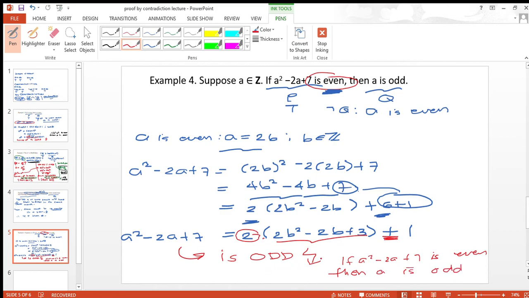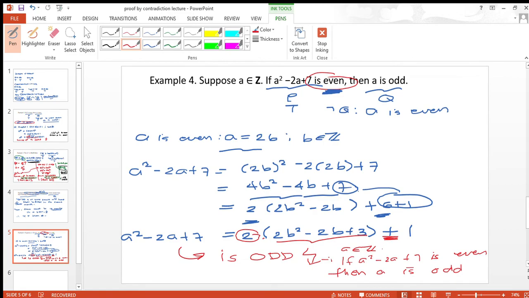So that will be our final conclusion. Of course, A is an integer. So there you go. That's the third method of proof that we will be using, proof by contradiction.